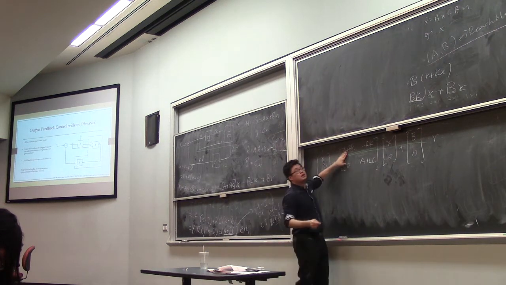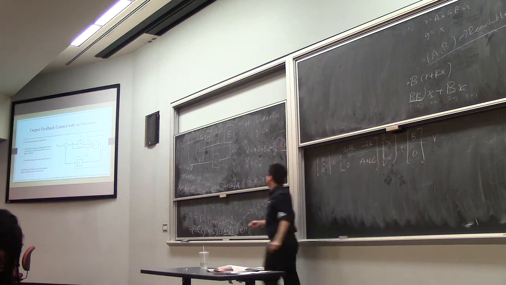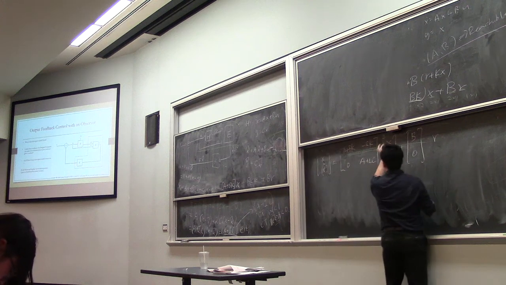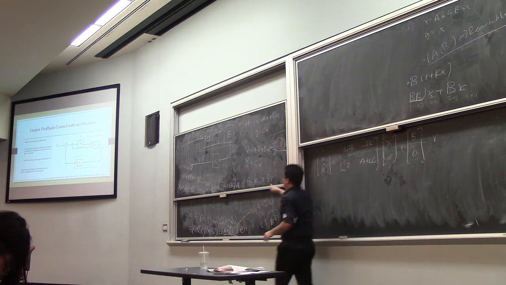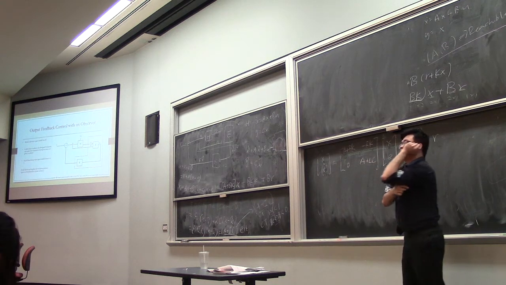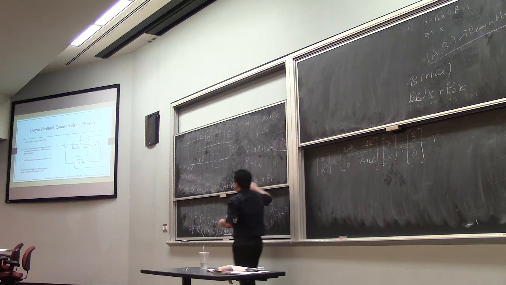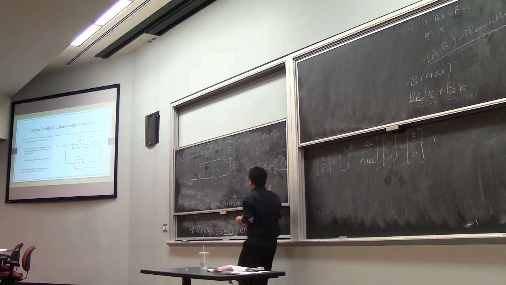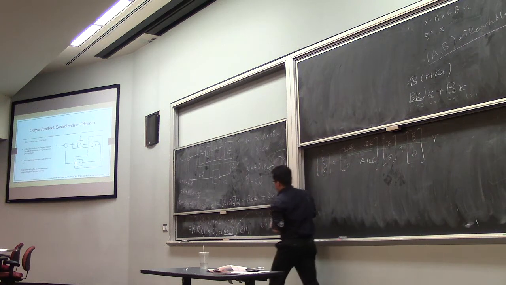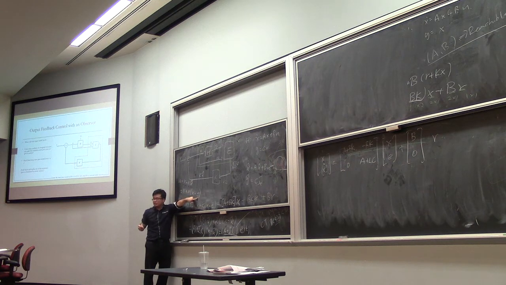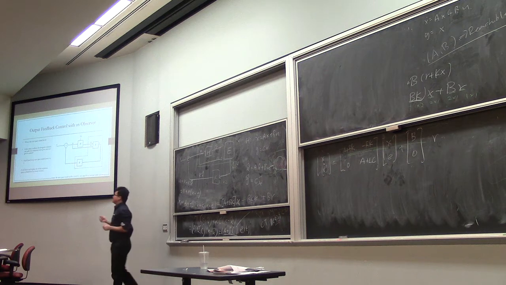That's my term here, this one times your x. Minus BK times E, and plus BR. Because you define your new state as x and then E, you need to replace x hat as x minus E. Is that okay? This is how we learn the closed loop state space model.